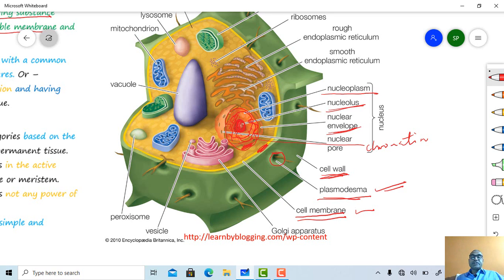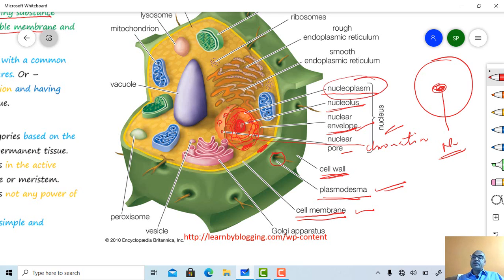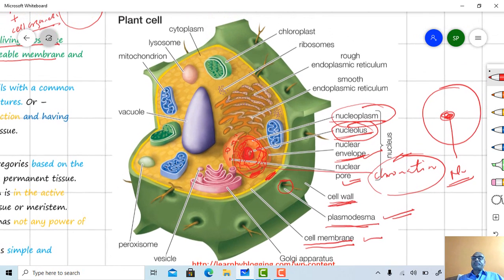This nucleus also possesses minute pores, and these are called nuclear pores. So the nucleus possesses the nuclear membrane, which encloses the nucleoplasm. Within the nucleoplasm, chromatin material as well as the nucleolus is present, and on the nuclear membrane minute pores are present, called nuclear pores.